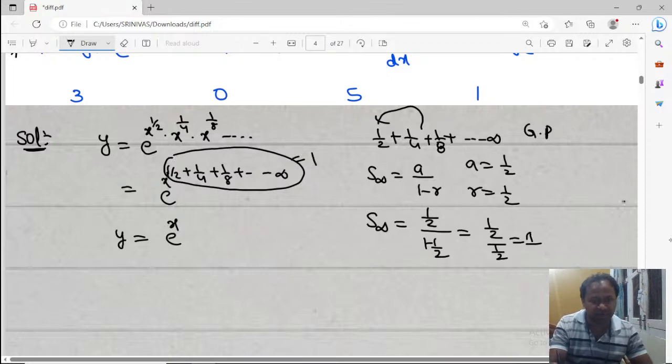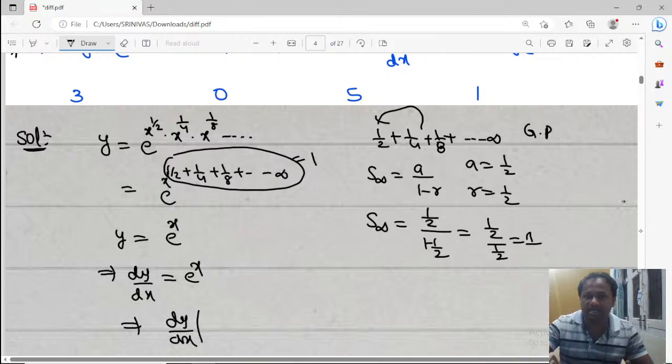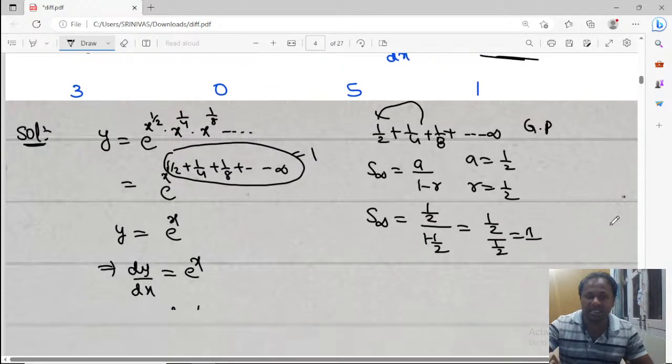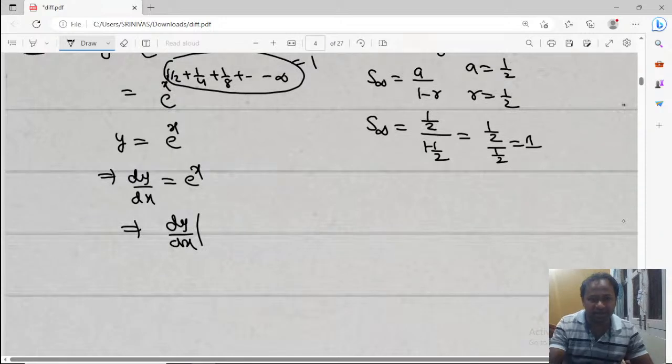So y is equal to e power x. Then dy by dx is also e power x. The question is, dy by dx at x is equal to log 3 base e. dy by dx at x is equal to log 3 base e, so that is nothing but e power log 3 base e.